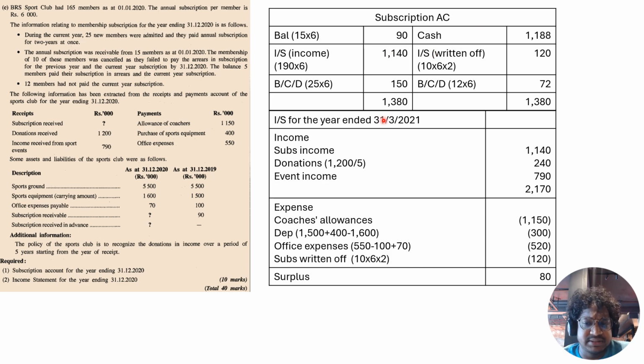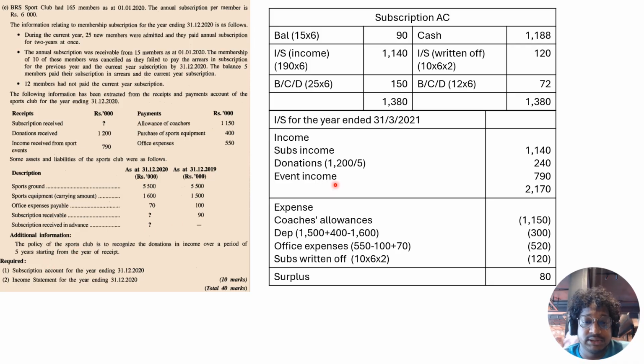And then they ask for the income statement. So we already found subscription income and subscription written off, income and expenses. And here it says in the receipts, donation received 1,200. And in the additional information, it says the donation that you received within the year, you have to identify as income over 5 years.